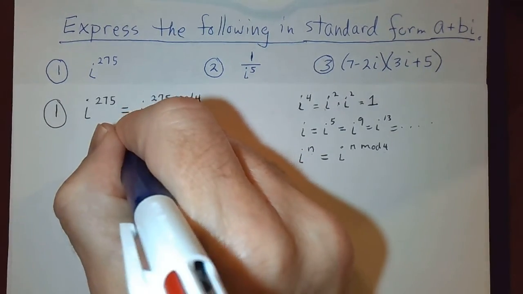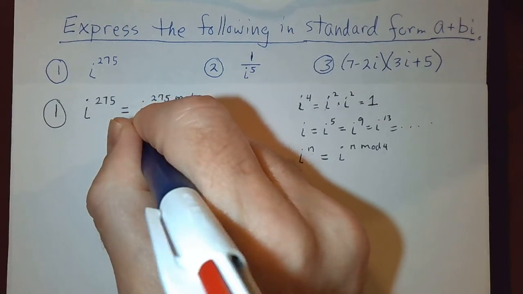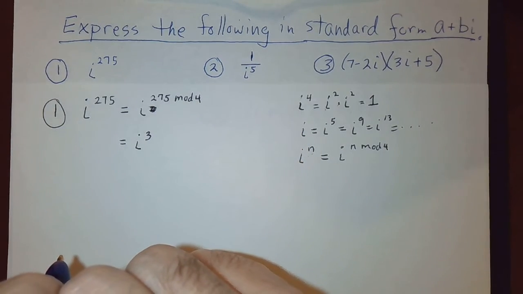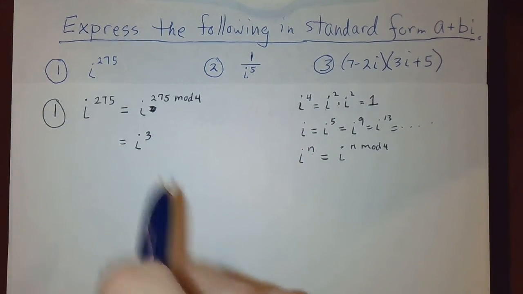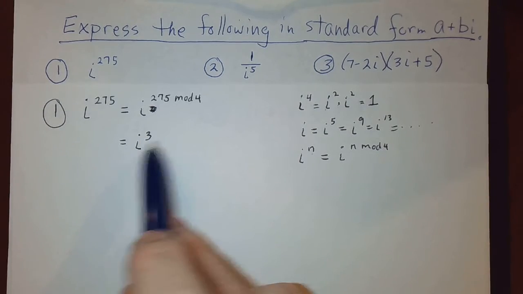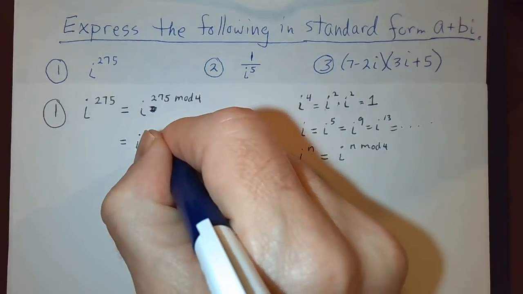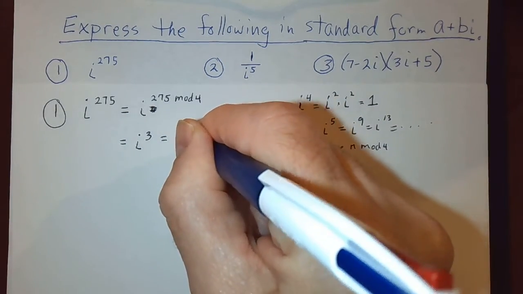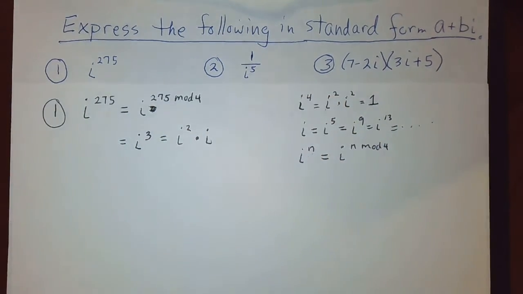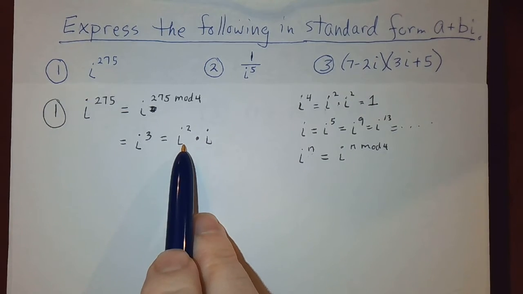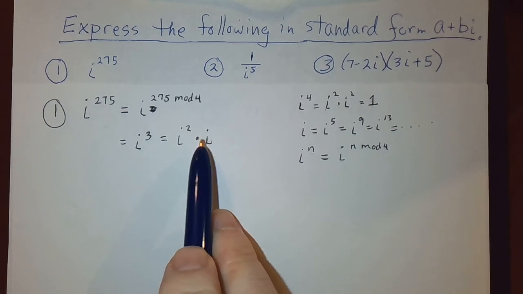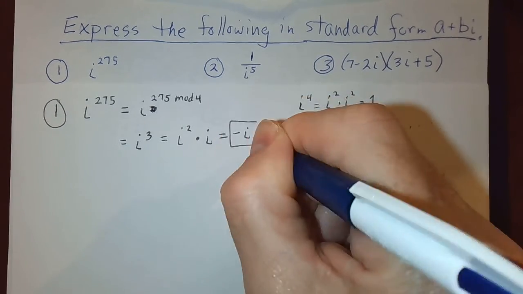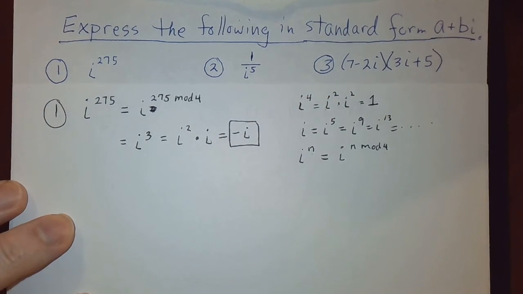So that is equal to i to the 3rd power. Well, i to the 3rd power still has an exponent, so we haven't simplified it completely yet. But i to the 3rd is i squared times i. i squared is negative 1. Negative 1 times i is negative i. So that's the answer to the first one.